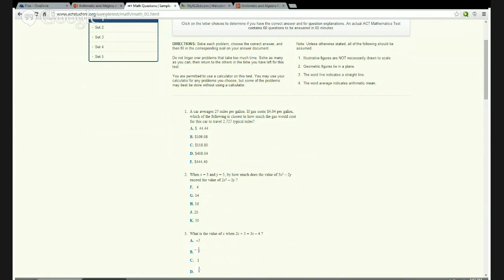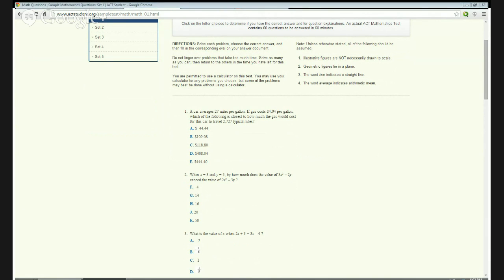Okay, now looking over at the other side of the directions, it says, unless otherwise stated, all of the following should be assumed. So these are just some rules that they're telling you to look out for. Illustrative figures are not necessarily drawn to scale. So that means you can't just take a guess by looking at two triangles or a trapezoid or something like that.